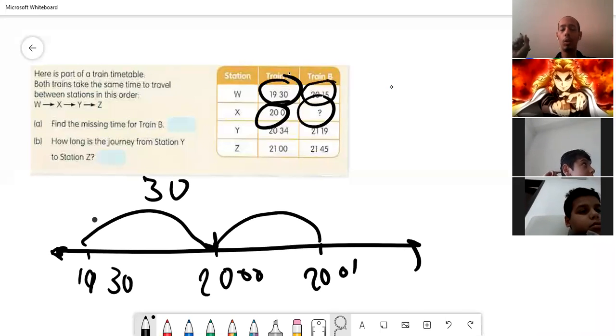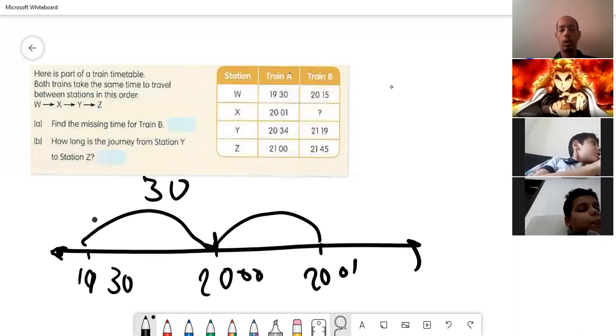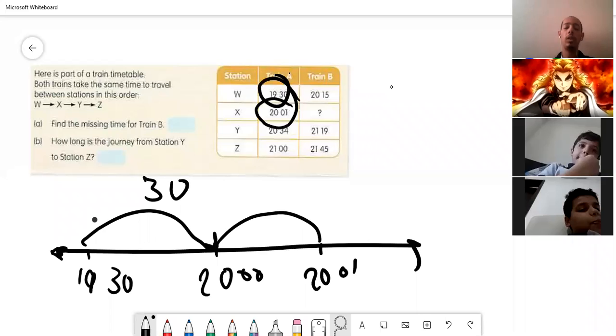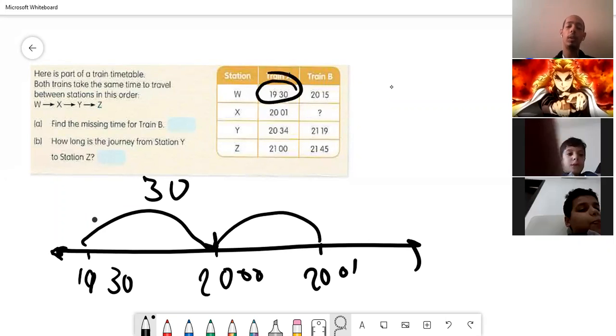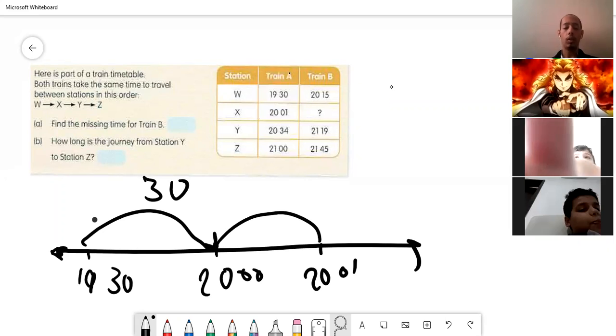The same duration of time, but the leaving time is different between A and B. So let's calculate the time interval for train A from station W to station X. The beginning time is 19:30, and I want to reach 20:01.